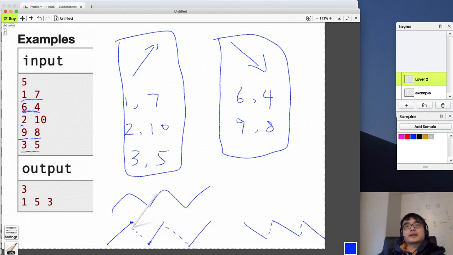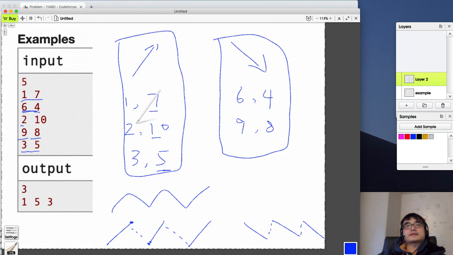So how do we ensure that? We can ensure that by simply ordering the number pairs in this set by the second element, right?